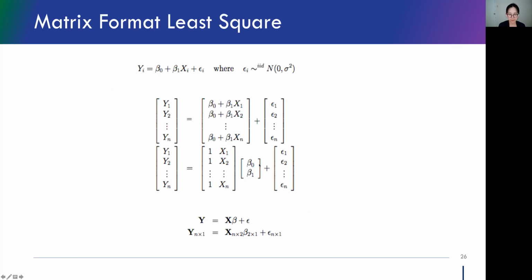Well, we talked a little bit about matrix calculus, and this is where we're going to use it, at least for this chapter. Previously, we went through how to get the estimates of beta 0 and beta 1 using these calculus techniques.